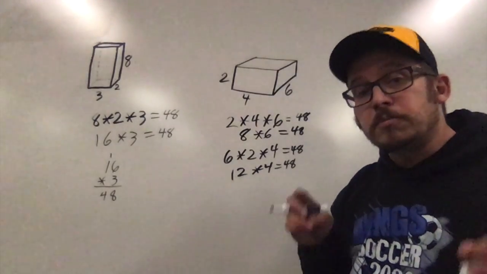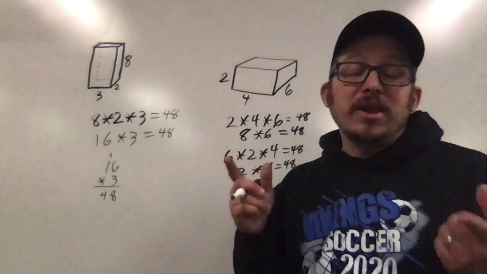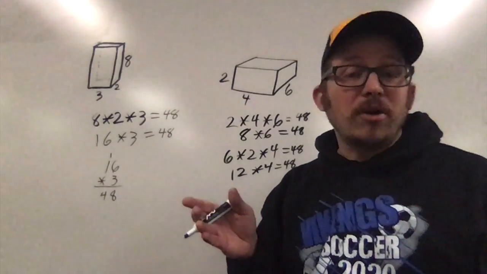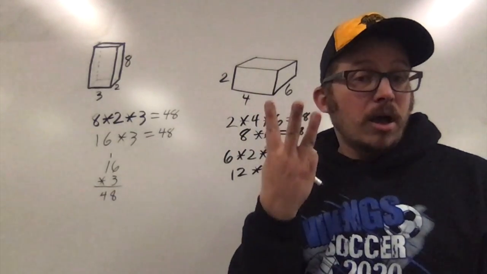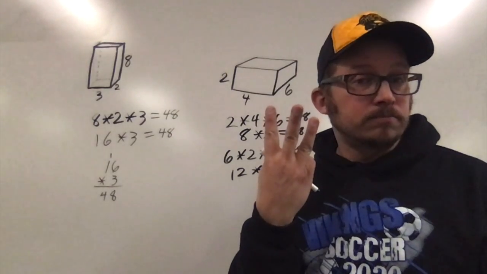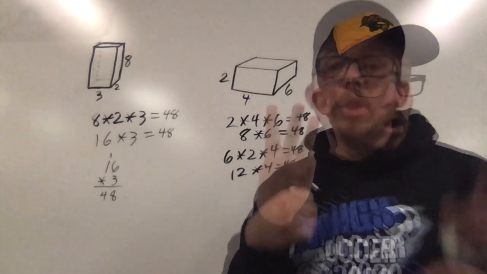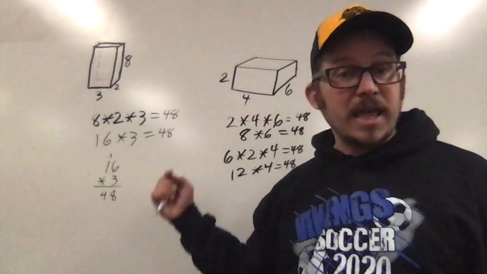Volume is determined by the measurements of the shape. So, go out into the world and know that you can do all kinds of volume problems as long as you take the three measurements of your rectangular prism and multiply all three together. Remember also, you can get different shapes to have the same volume.